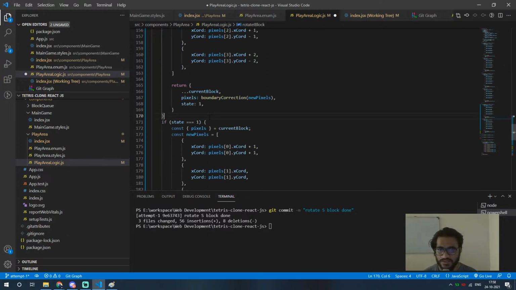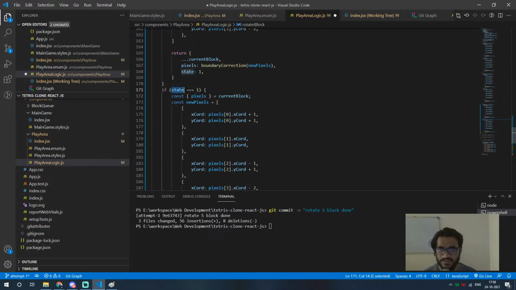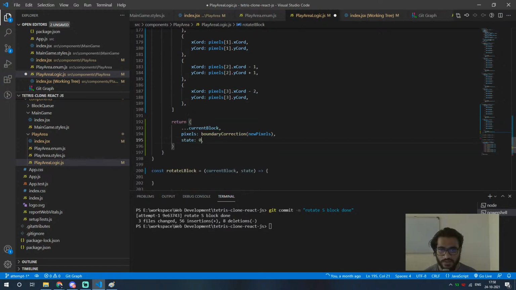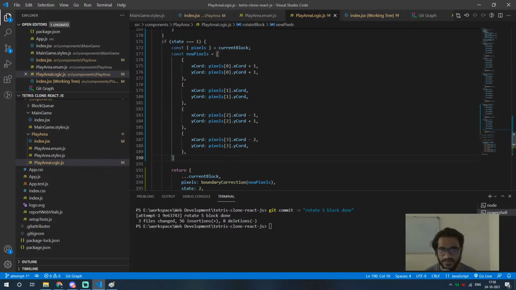Now let's work on the second state, which is from 1 to 2. Like I said, I think there are 4 states. I was saying 3 states, but it is 4 states.